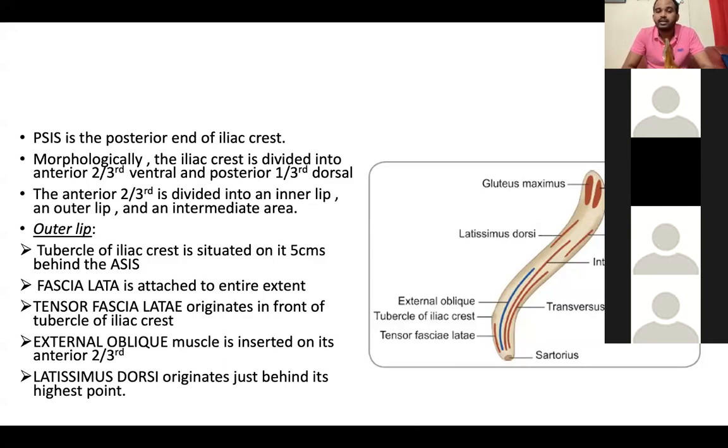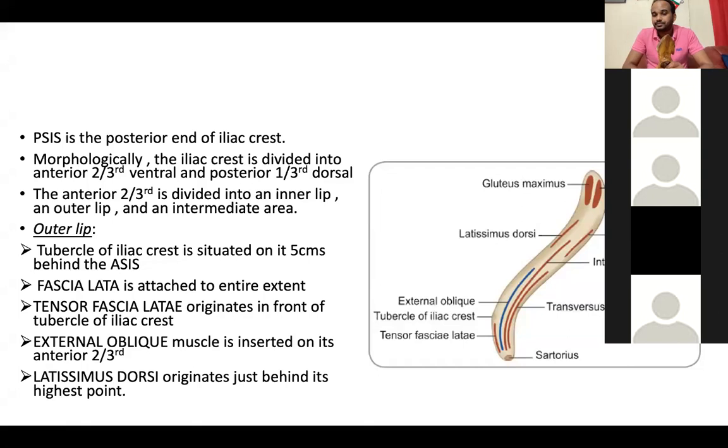And not only that, the latissimus dorsi muscle takes origin just behind its highest point. The highest point is at the level of the interval between the third and fourth lumbar spines. So just behind that highest point of the iliac crest, the outer lip gives origin for the fibers of latissimus dorsi.